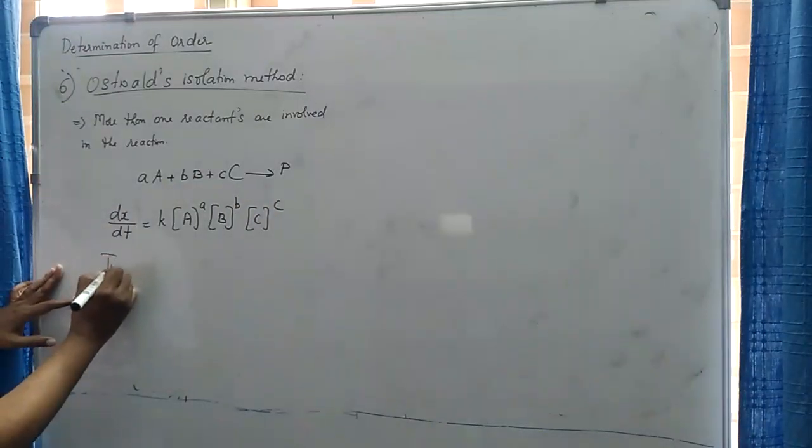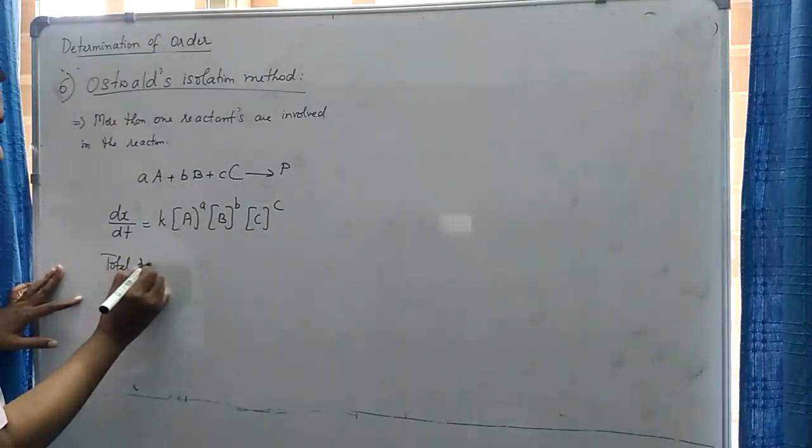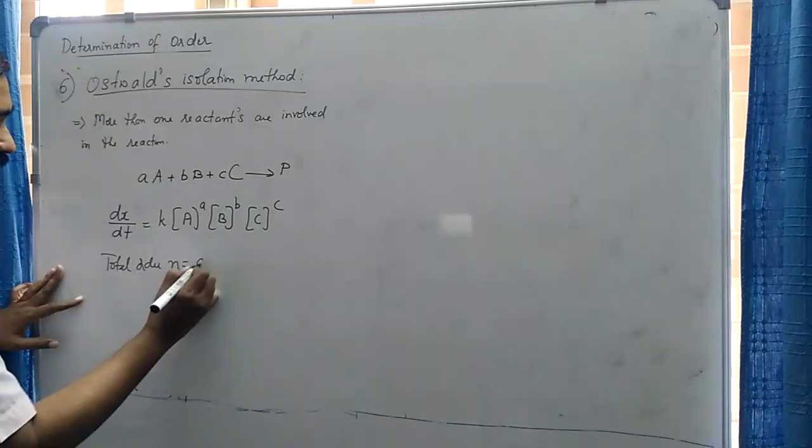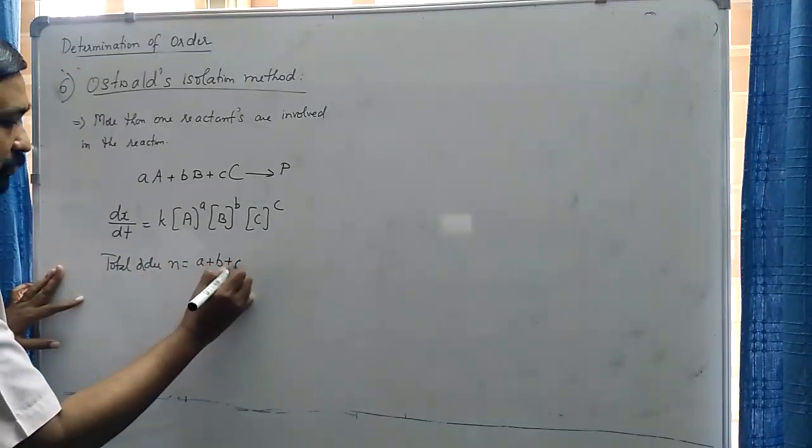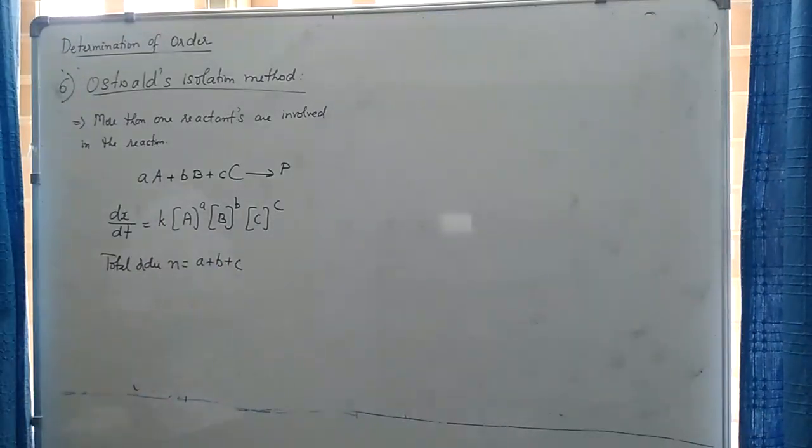So the total order of the reaction n is a plus b plus c. What we have to do is to find out the overall order of the reaction. First we have to find out the order with respect to reactant A, then with respect to reactant B, and then with respect to C.